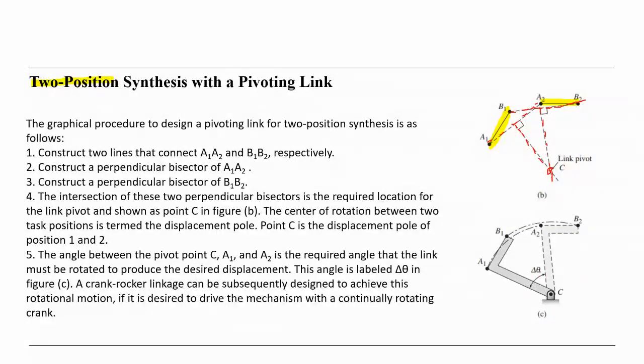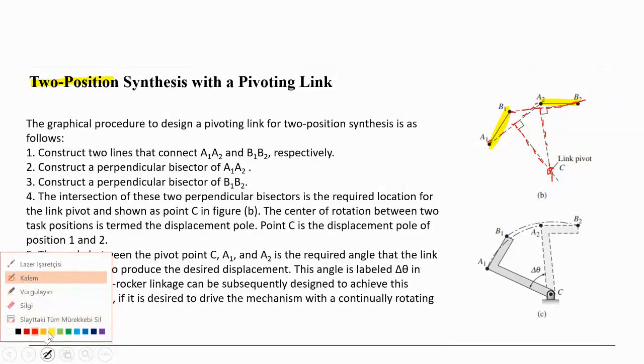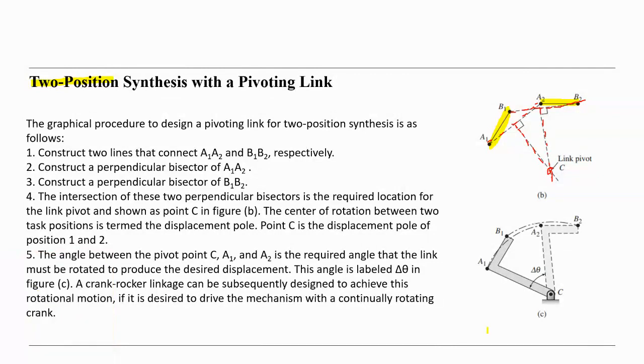And you see the real link here. This is point C, and this is the first position and this is the second position of the link. Here it is explained how we do that.